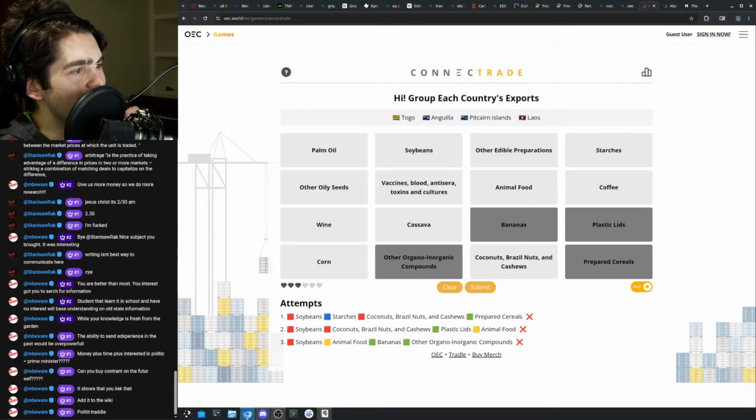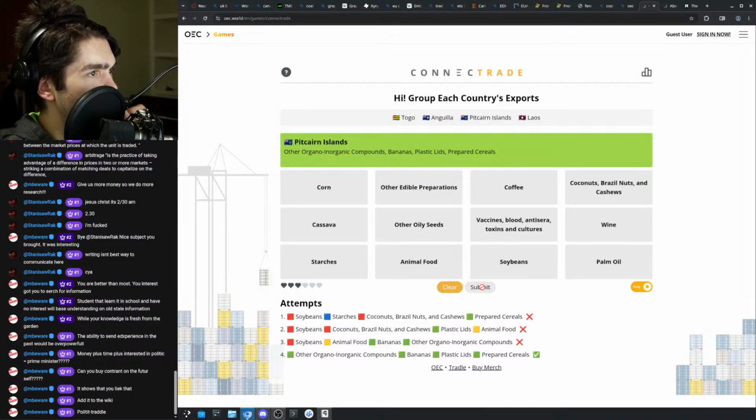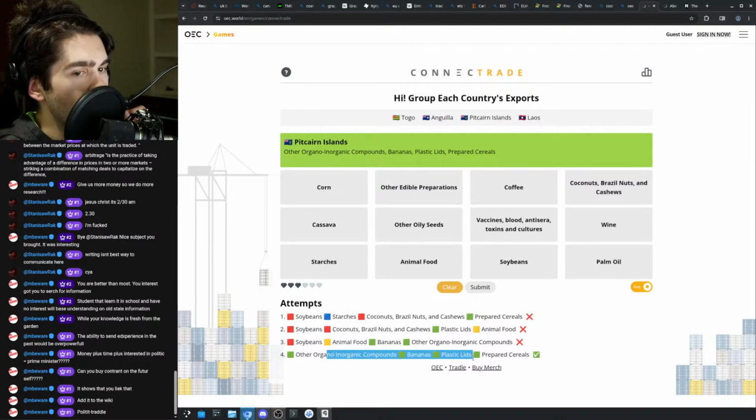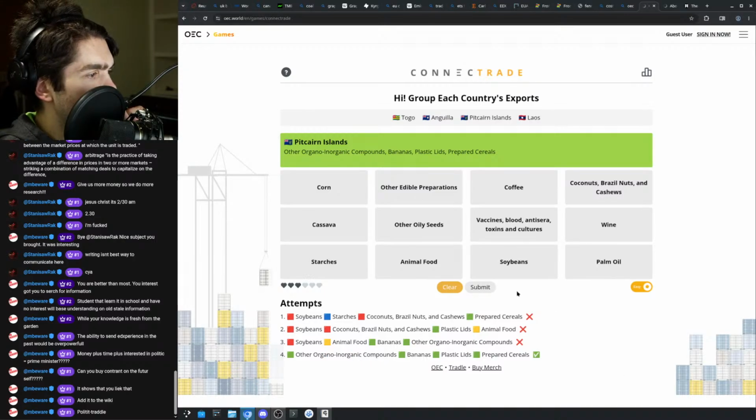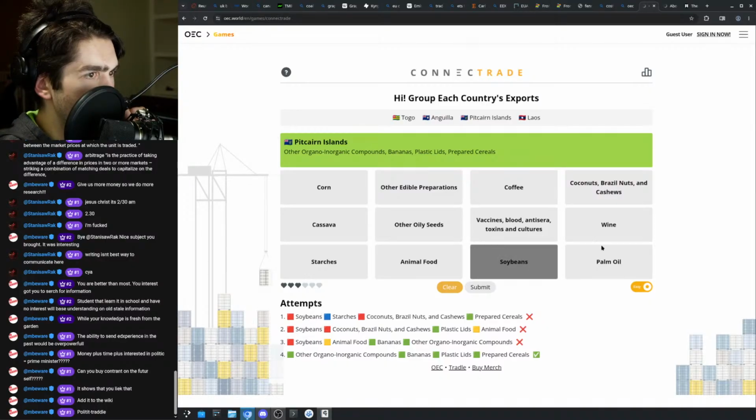Which one is this? I guess plastic lid would be Togo. Pitcairn. Okay, I don't know. I guess it's random at this point. Okay. Soybean, coconut.